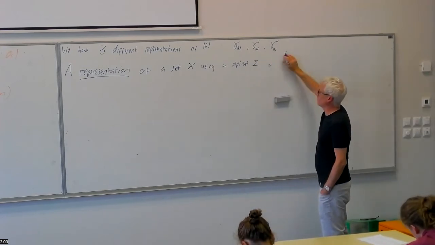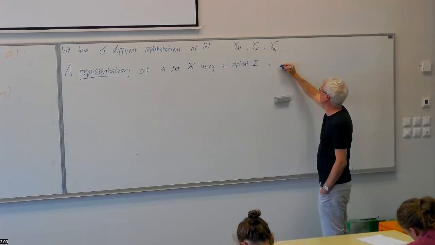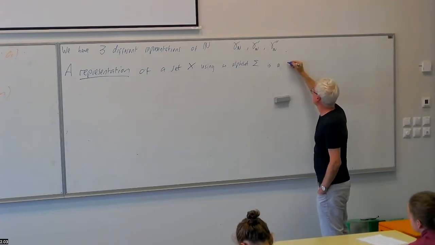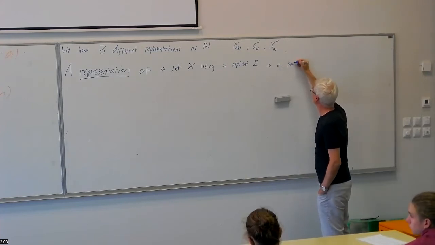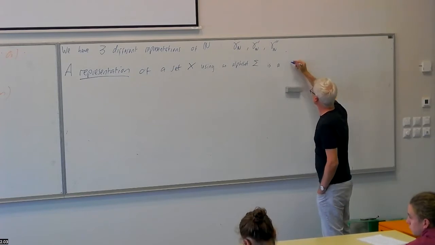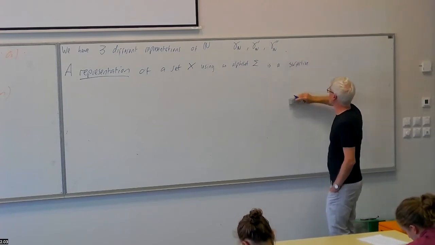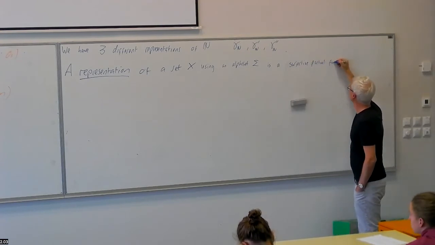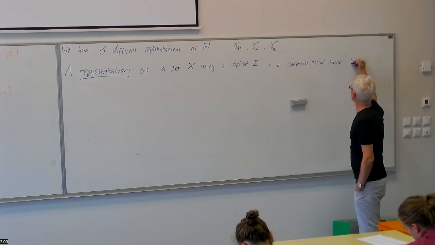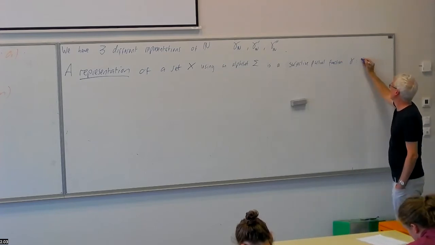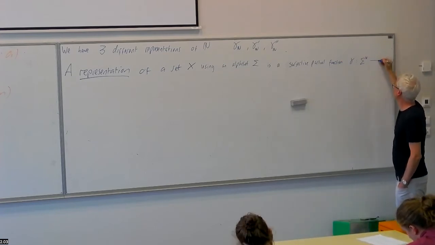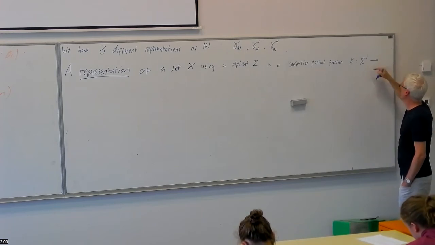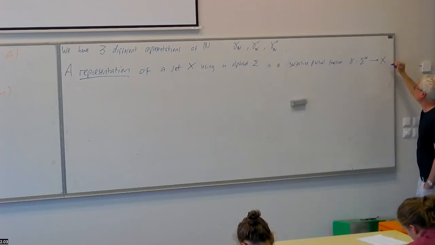The definition is it's simply a surjective partial function, or a partial surjection, gamma from words over the alphabet onto X.